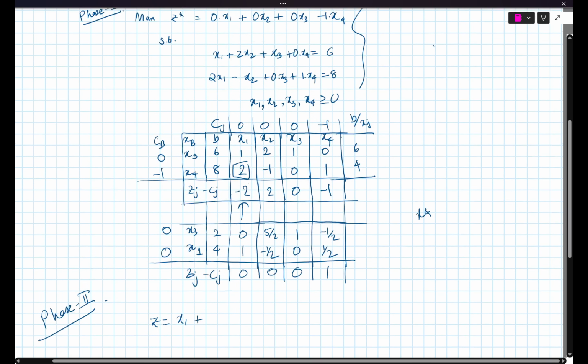Substitute this, I get 4 plus 6 equal to 10.